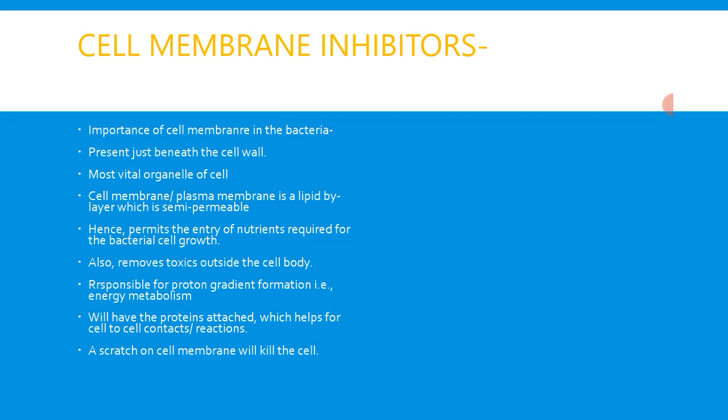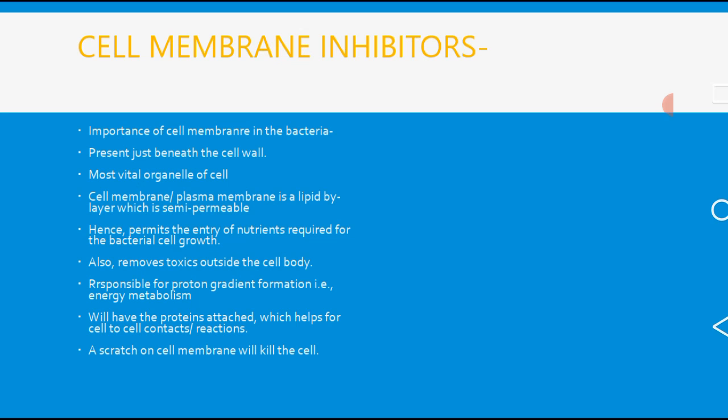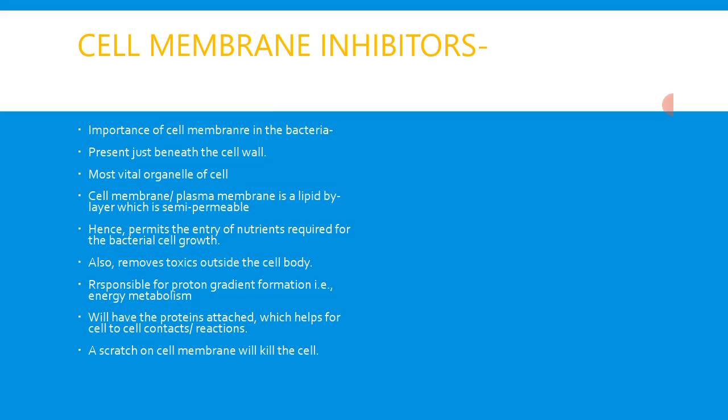And therefore it is responsible for producing the energy metabolism, right? Then they can also have proteins attached on them which help the bacterial cell for cell to cell contact or any reactions, the proteins, right? Or to synthesize some enzymes, right?